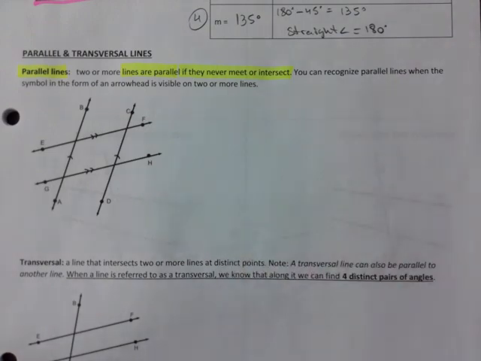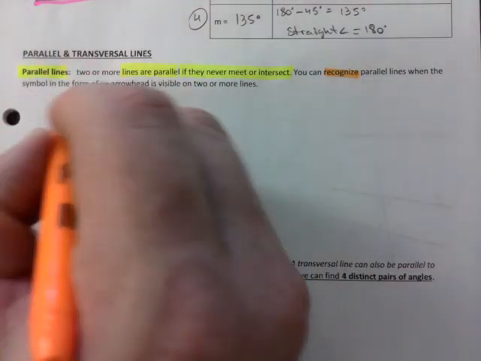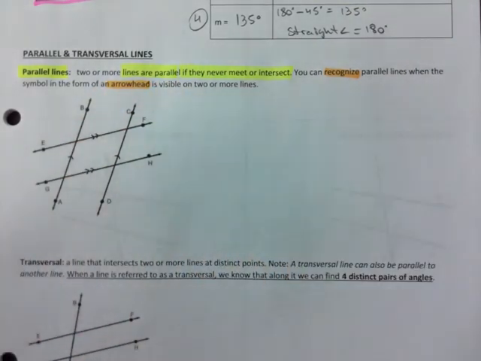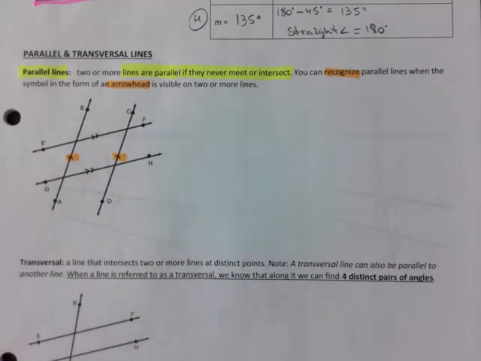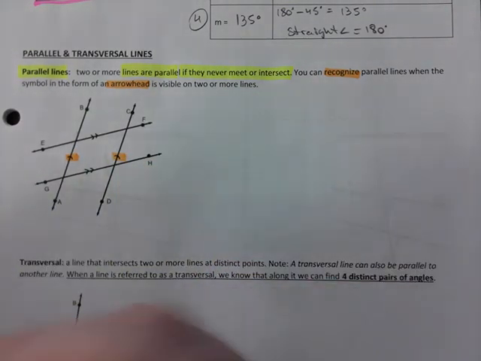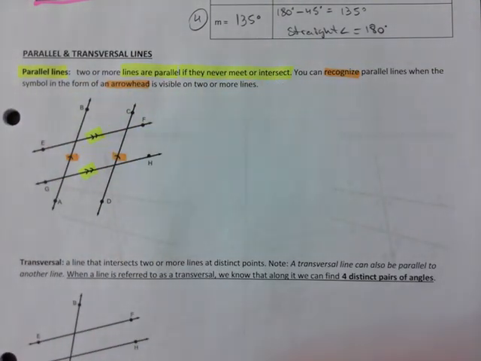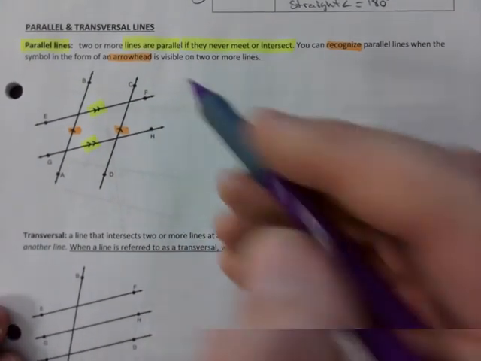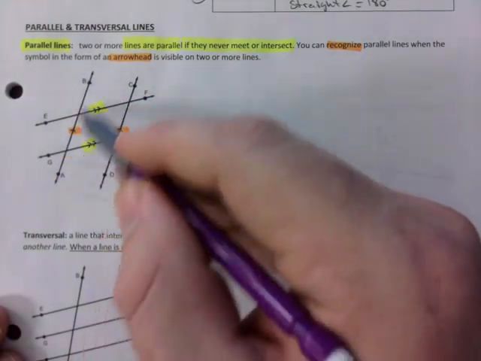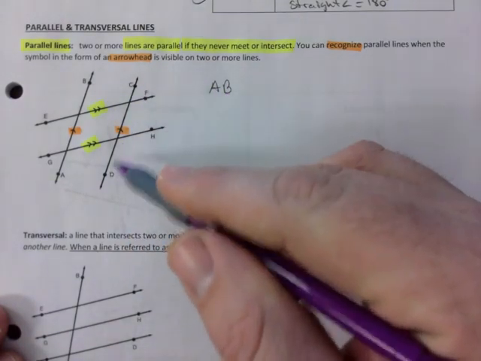How can you recognize it? You can recognize it by the arrowheads on them. So for example, here, these two lines we consider parallel, and so would these two lines here. Sometimes it's just a diagram, but we could say segment AB is parallel to CD.